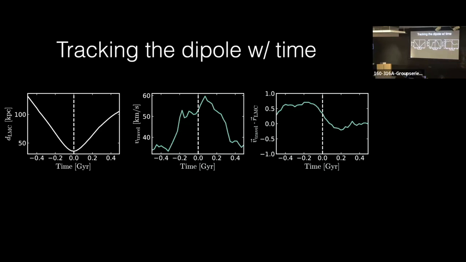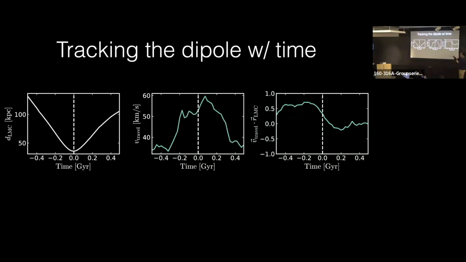So this is roughly how long this type of signal can last, at least relative to the static background. We also looked at the alignment of the dipole signal relative to the position of the LMC at every single snapshot. Beforehand, it doesn't really matter; it's random.